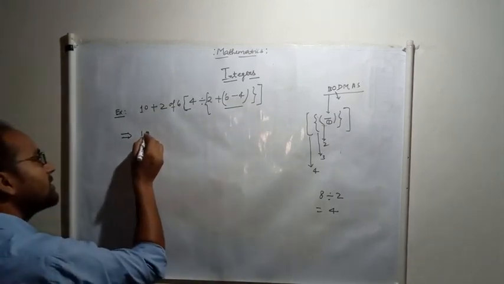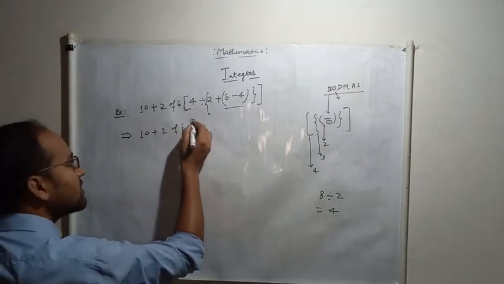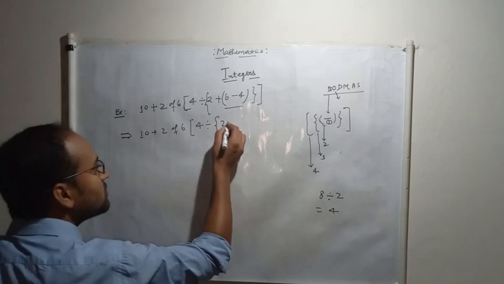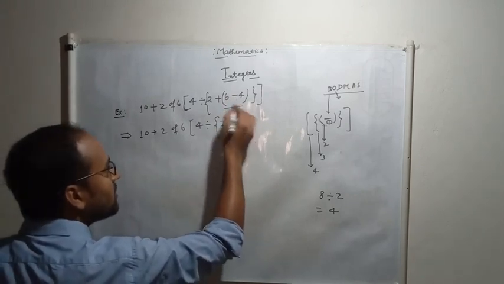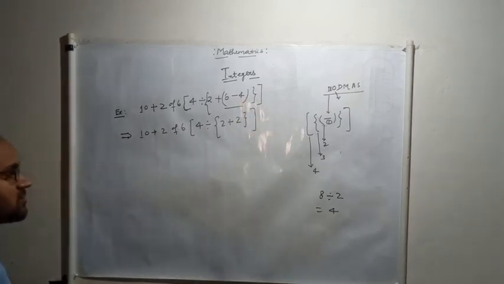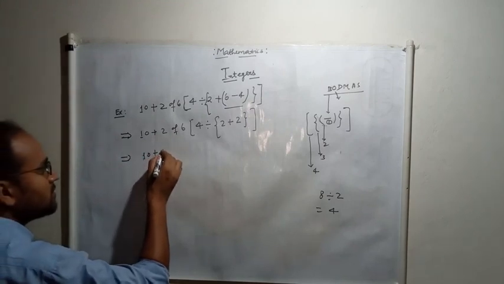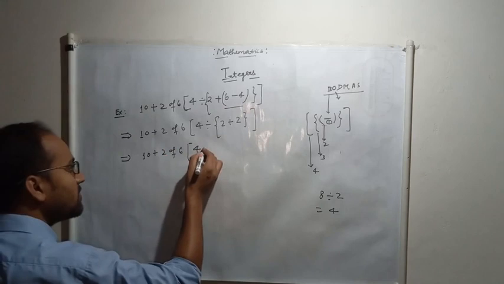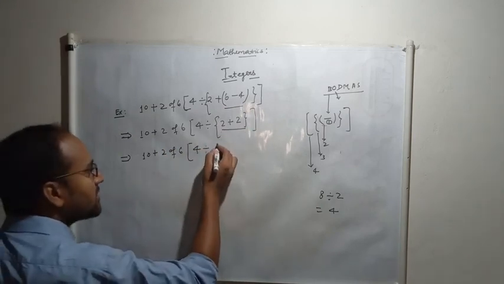So 10 plus 2 of 6, 4, division sign, curly bracket 2, and solve this one, 6 minus 4, we get this 2. Remove this bracket, and then curly bracket close and then square bracket. 10 plus 2 of 6, square bracket, 4 division sign, 2 plus 2, we solve this curly bracket, we get 4.